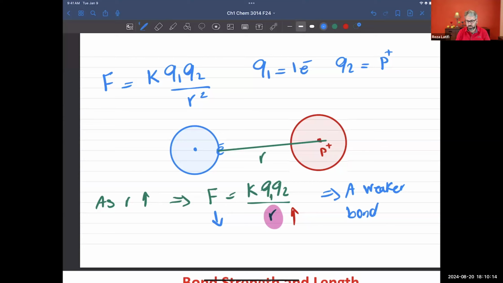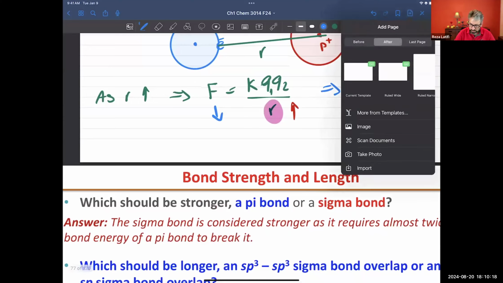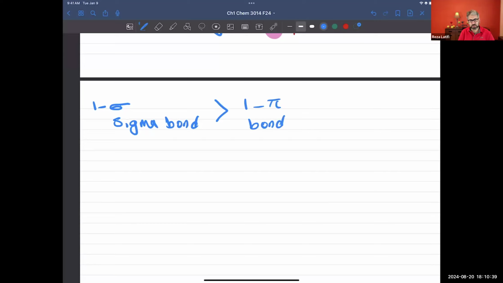So always sigma bond, and I'm saying one sigma bond is stronger than one pi bond. If we compare sigma to pi bond, sigma is always stronger.